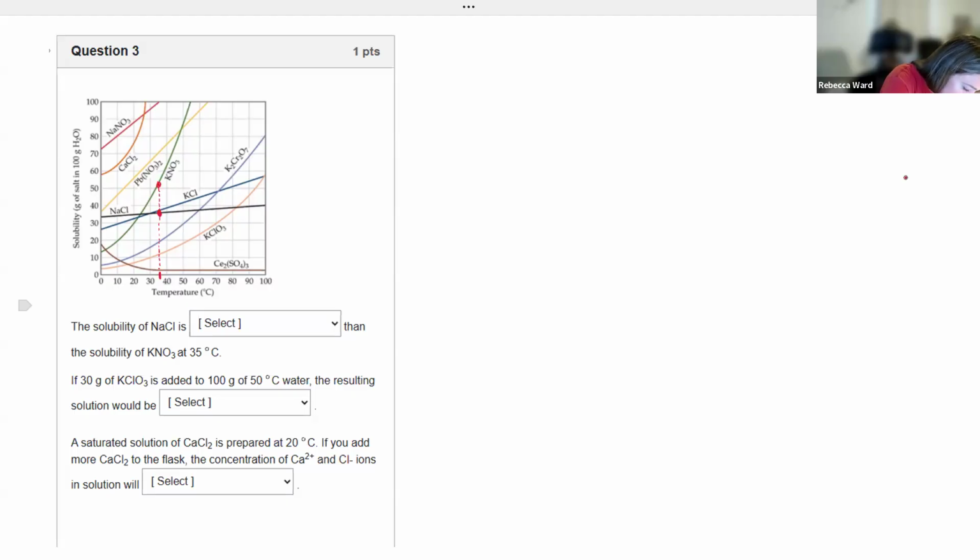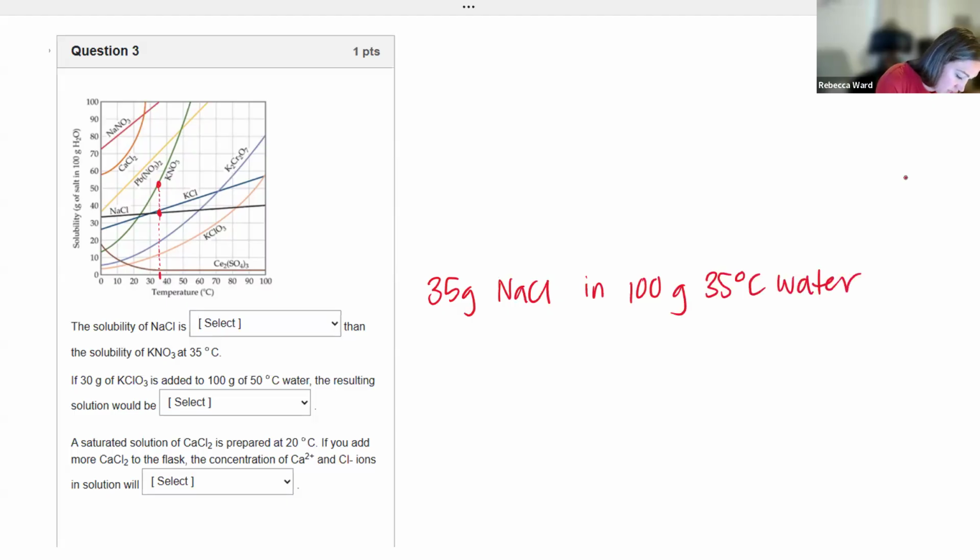So at 35 degrees, I could get, let's call it about 35 grams of NaCl to dissolve in 100 grams of water. And then for KNO3, it's much higher, right? It's more like, let's call it 53 in the same amount of water at the same temperature.